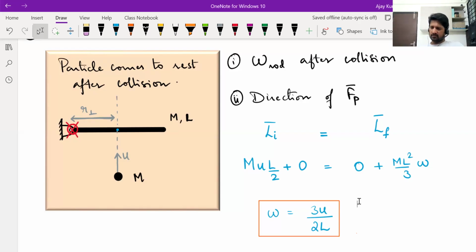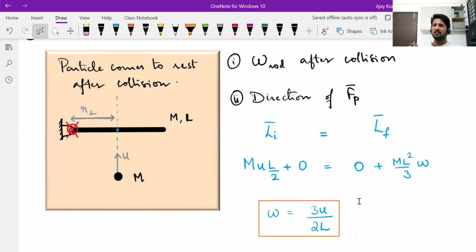Right, we got omega. The next thing you were asked to find out is the direction of force exerted by the pivot. Now, there are two ways to do this. The pivot holds one end of the rod. So if you know which way that end of the rod tends to move, based on that, you can tell the direction of force exerted by the pivot.